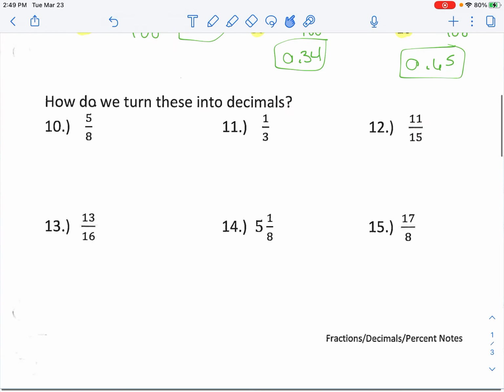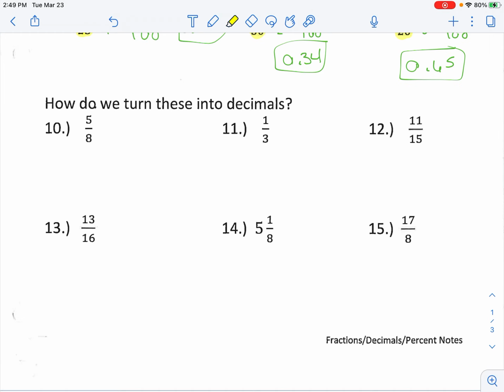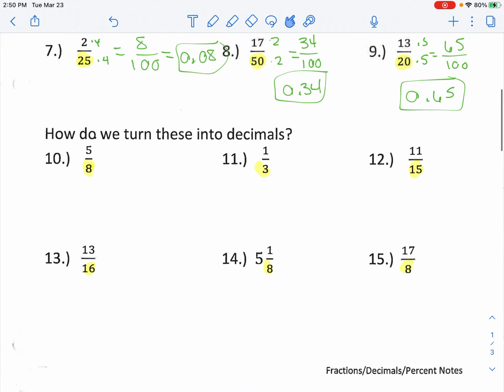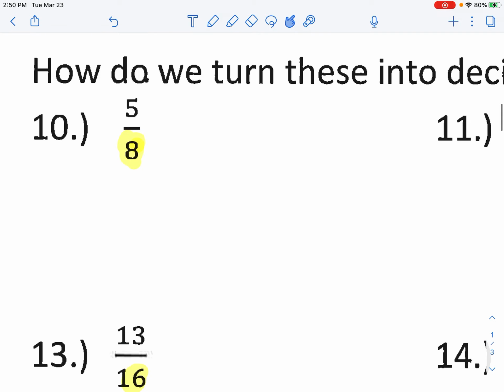All right, bottom of the page. What happens if the denominator is not a factor of 100, like 8, 3, 15, 16, 8, and 8? If it's not, you're going to have to divide. We're going to do numerator divided by denominator. So we're going to do 5 divided by 8.